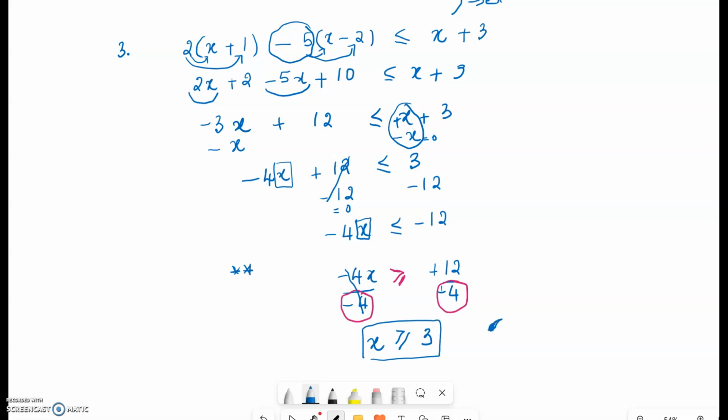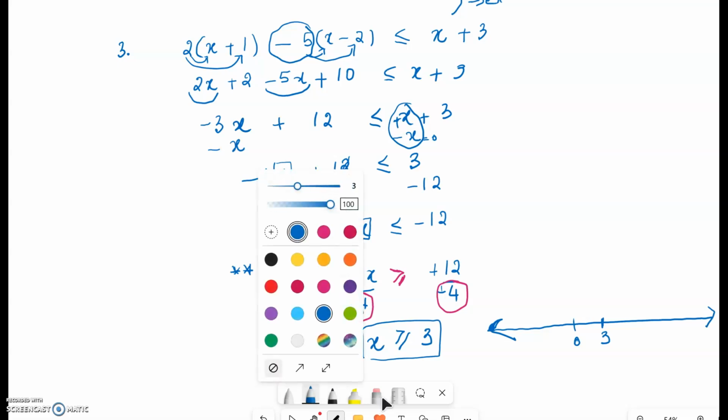Now let's draw the number line and graph the solution. That's 0. 1, 2, 3, let's say, is here. And it says greater than or equal to 3. Let me just draw this. So I'm going to graph the inequality.